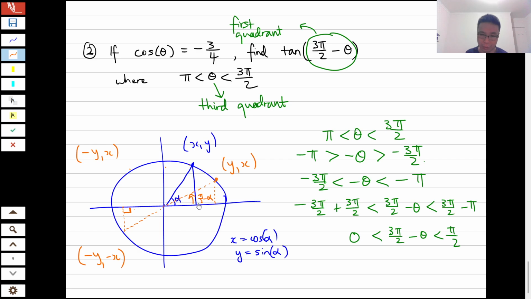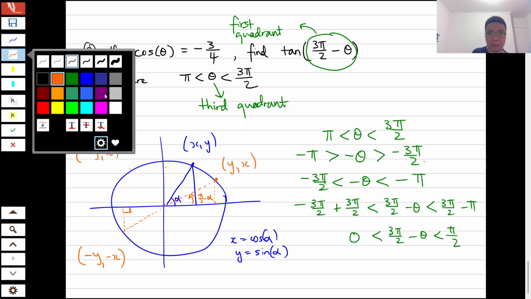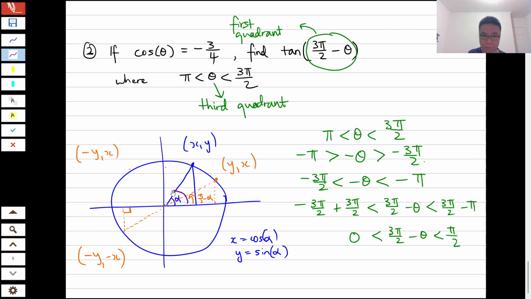And now what I'm going to do is add pi to this angle. So now this new angle here, which I'll do in a different color, is 3 pi on 2 minus alpha.